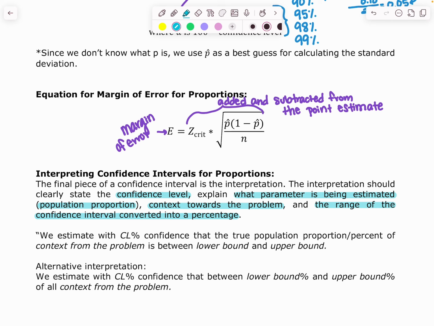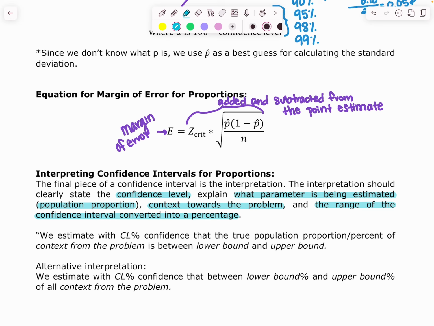converted into a percentage. Converting into a percentage is optional, but it goes a long way towards helping the interpretation be a little more grabbable, easier to understand. So I have two different ways that you could interpret a confidence interval for proportions in very basic language.